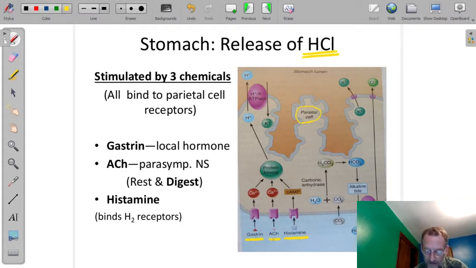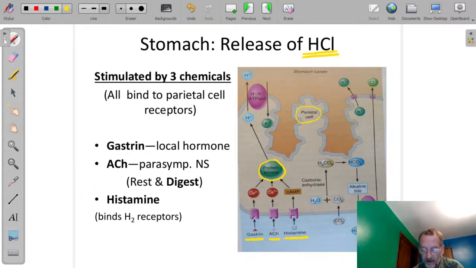So gastrin, acetylcholine, and histamine, they each have a receptor on the cell surface, and they have a cell signaling pathway, involves a protein kinase. Okay, and that's enough of that for the moment. This is just showing a cell signaling pathway.